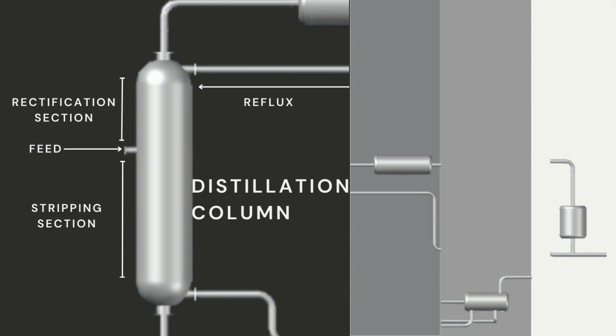The stripping section focuses on stripping volatile components from the descending liquid, concentrating less volatile components in the bottom product. The reflux improves separation efficiency and maintains temperature control. Together, these components work in harmony to achieve the desired separation, allowing for the efficient and economical production of high purity products in a distillation process.